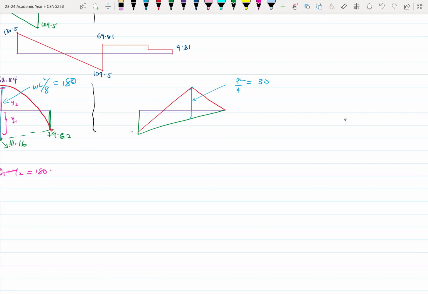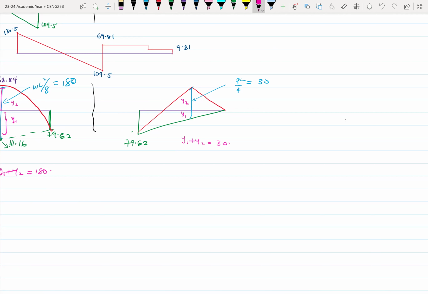So this entire height is what? Let me just make sure that this looks bigger. 79.62. So this entire height you can easily determine. Just like with the first case, this is your y2, this is your y1. So y1 plus y2 will give us the 30.